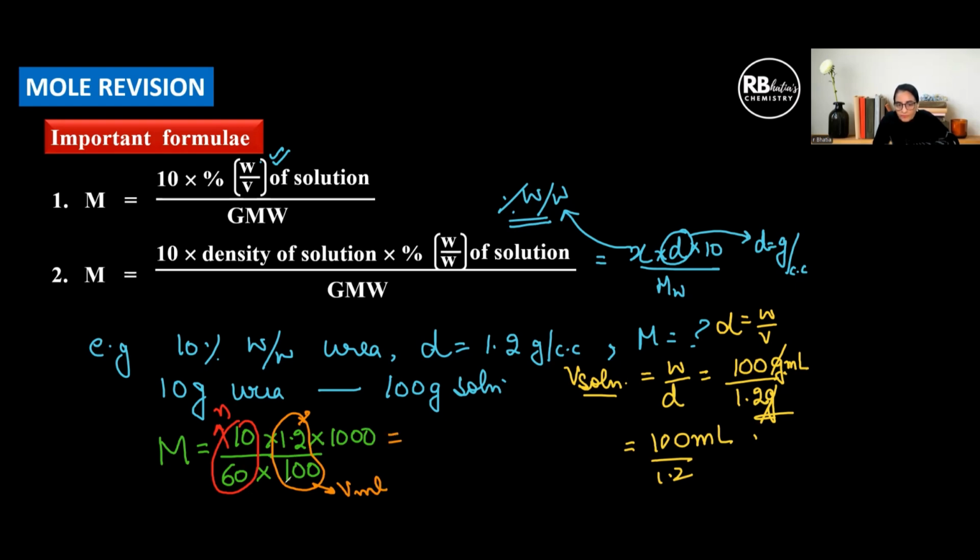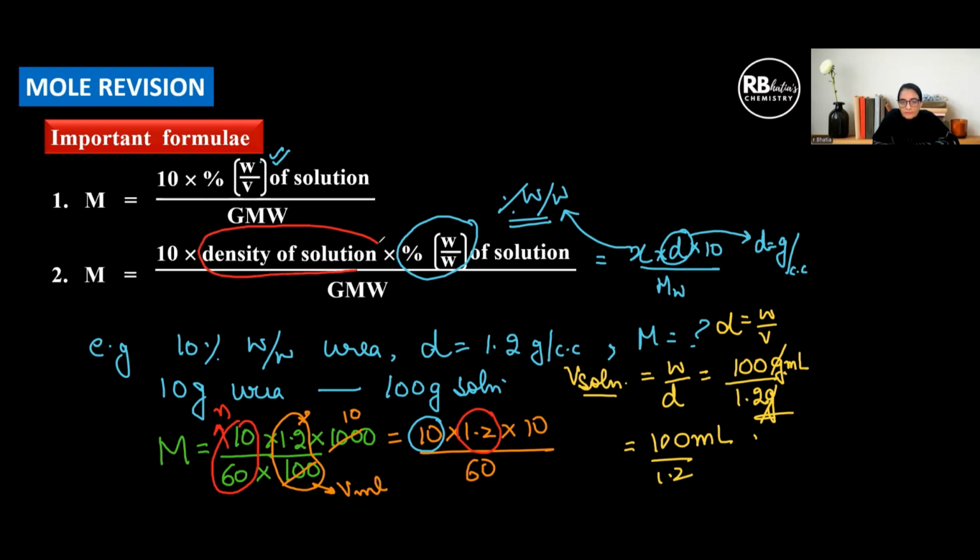So when I solve this, this 100 goes with 10. What am I left with? I'm left with 10 into 1.2 into 10 upon 60. Where, if I look into the description, this 10 is the percentage weight by weight. This 1.2 is the density.